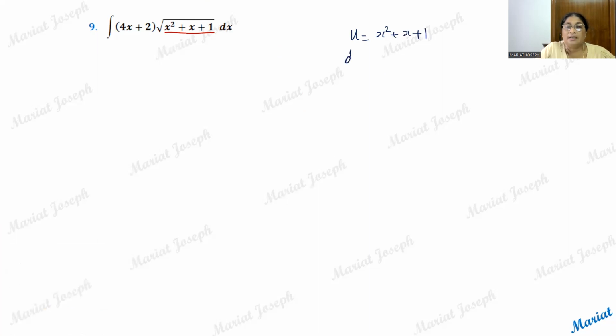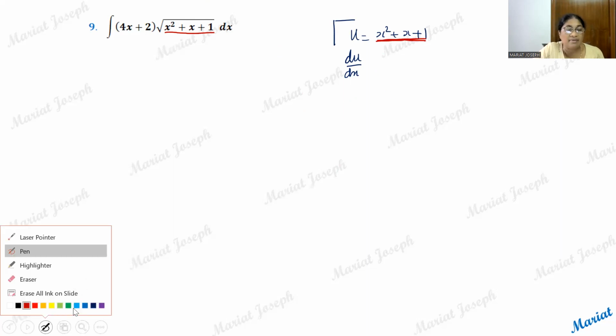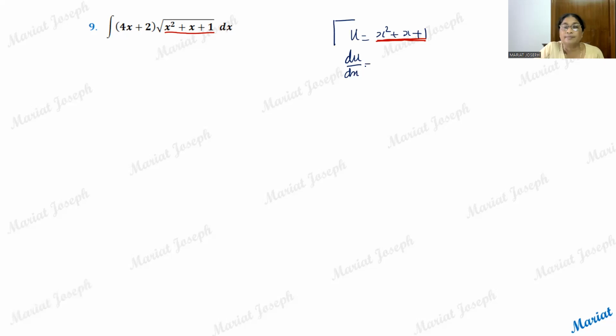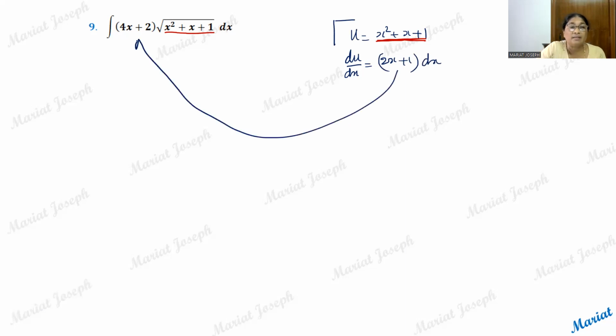Varsha, let me see whether you are in a position to do the question. I have taken inside the under root, the whole expression, as the substitution. Whenever we substitute, we should differentiate it. Varsha, what is the derivative here? 2x plus 1, 2x plus 1 into dx. But we can't see any 2x plus 1 over here.